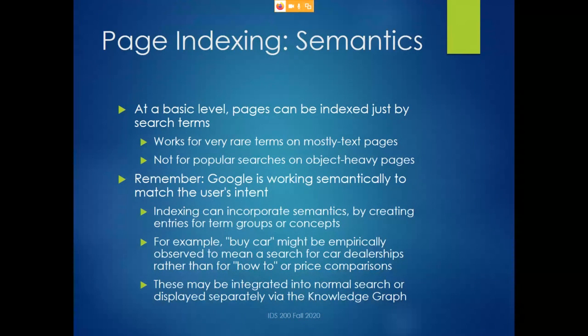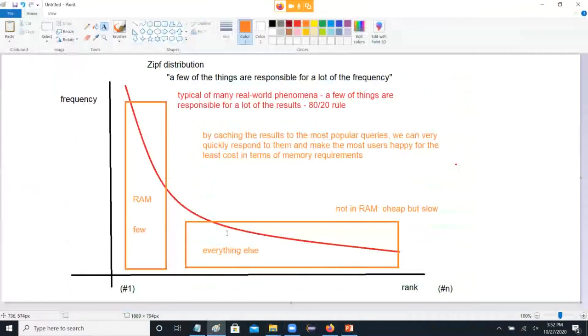So buy car could theoretically mean where I'm going to buy a car or the requirements to buy a car, what documentation, what deposits do I need, what credit do I need, or a how-to operation about how I would go about not getting ripped off when I buy a car. But if Google empirically observes that a lot of these buy car searches are in fact going to dealerships, then Google will find out something like this.